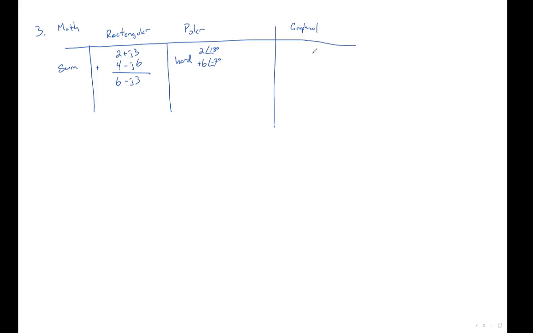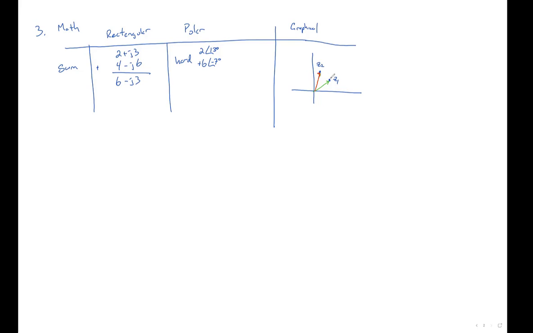The graphical approach to adding two numbers, if this is your Z1, think about this as being a vector. And let's say we had this other Z2. I'm going to draw it in a different color so it's clear.